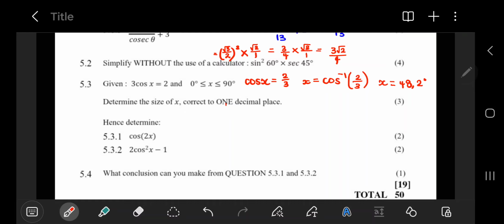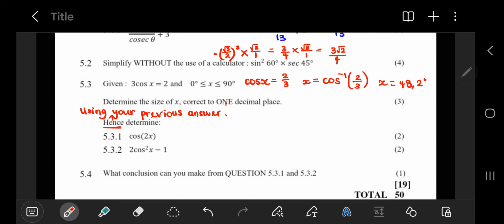Now, moving on. It says hence. Now, here's the thing about maths. Oftentimes, you'll have questions that say hence. Hence means using your previous answer. So using your previous answer, meaning where we had x as 48.2 degrees, we're going to use that to answer the next 2 questions.